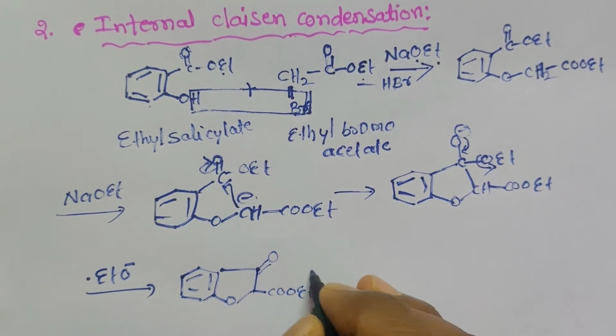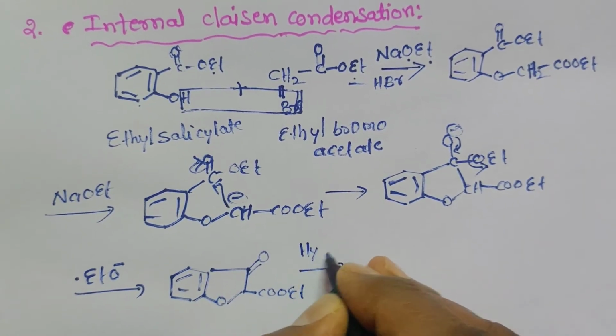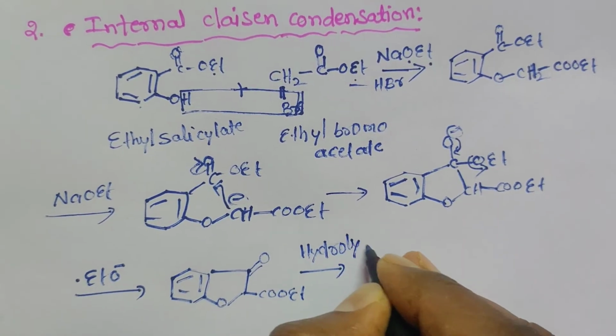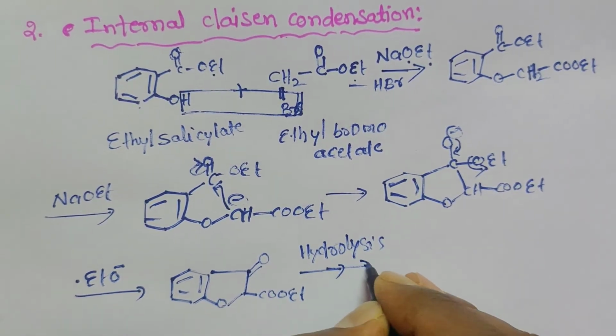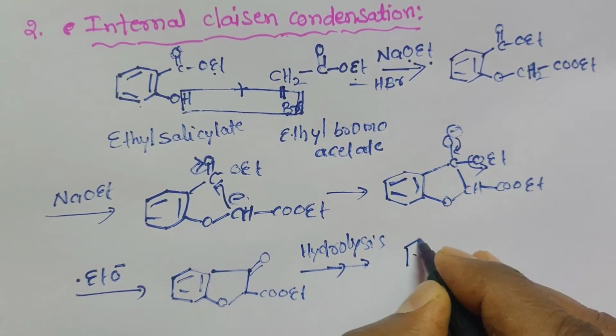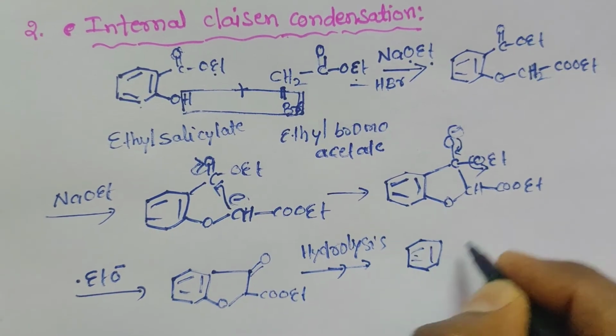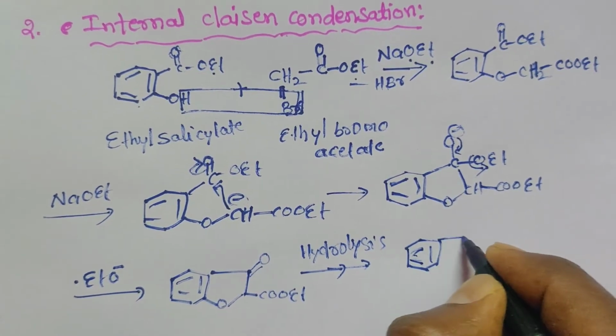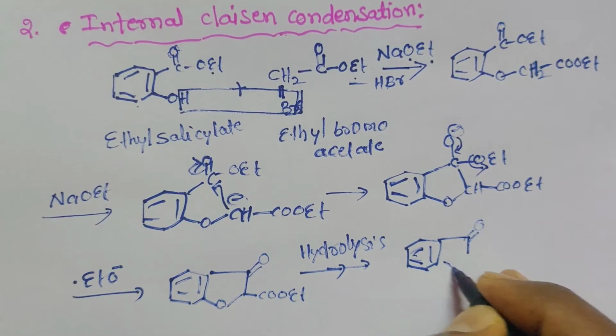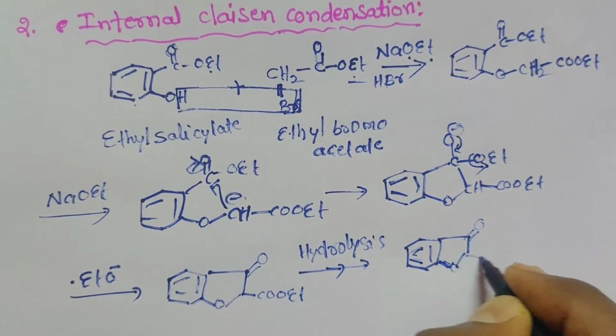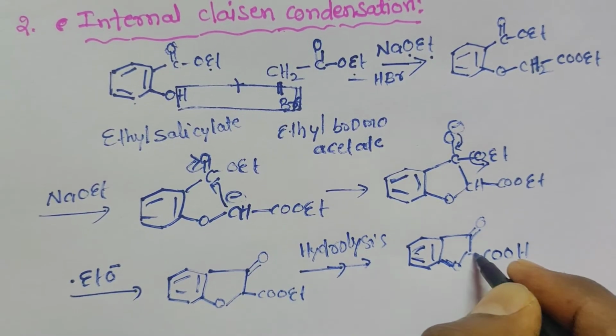This one, on further hydrolysis, either in the presence of acid or in the presence of base, undergoes hydrolysis and we get the carboxylic acid group.